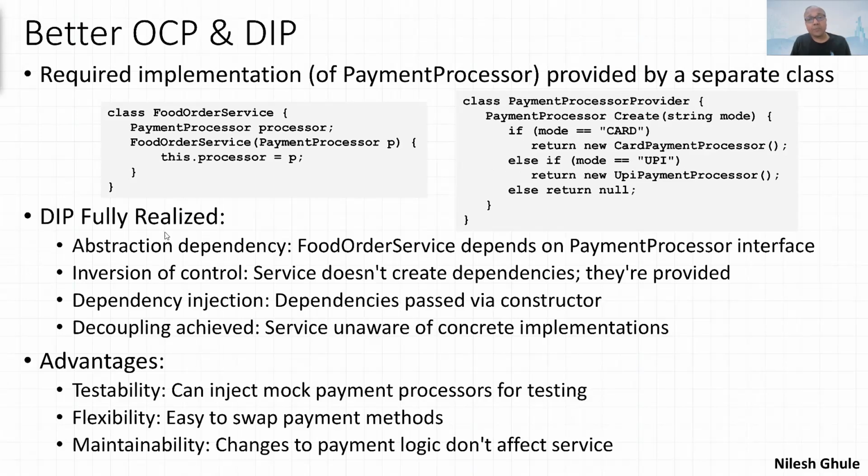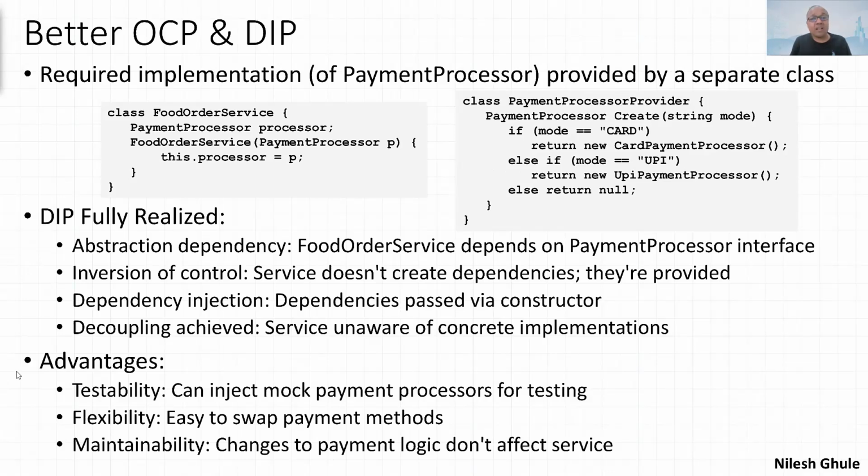So our DIP is fully realized and our OCP is at a better stage. Here we have achieved abstraction dependency. We have achieved inversion of control, meaning the food order service is not directly creating the required payment processor.